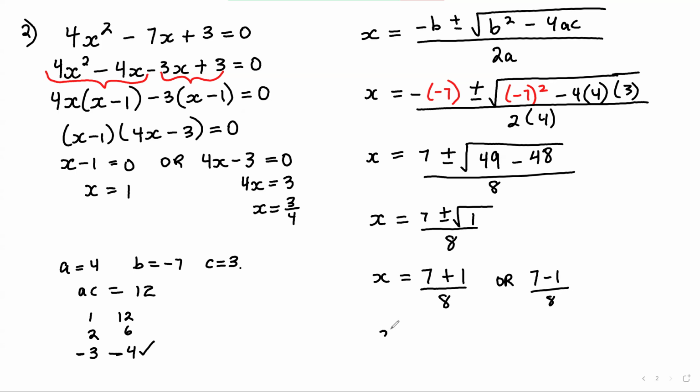So 7 plus 1 is 8, and 8 over 8 is 1, or 7 minus 1 is 6 over 8. And when you reduce this, 2 into 6 is 3, and 2 into 8 is 4. So you see, you get the same answer, ladies.